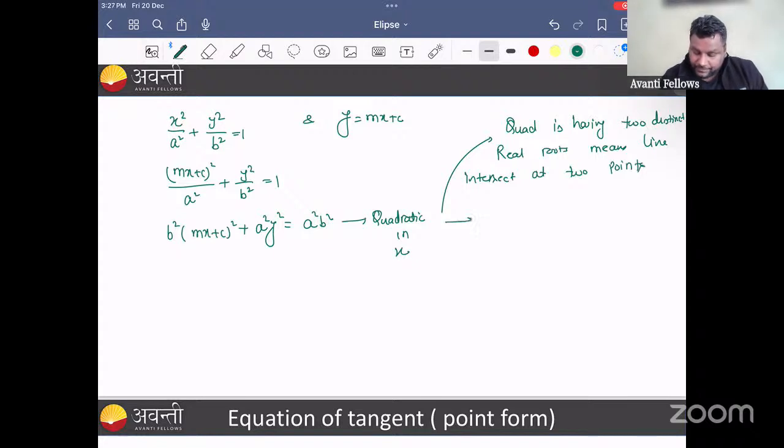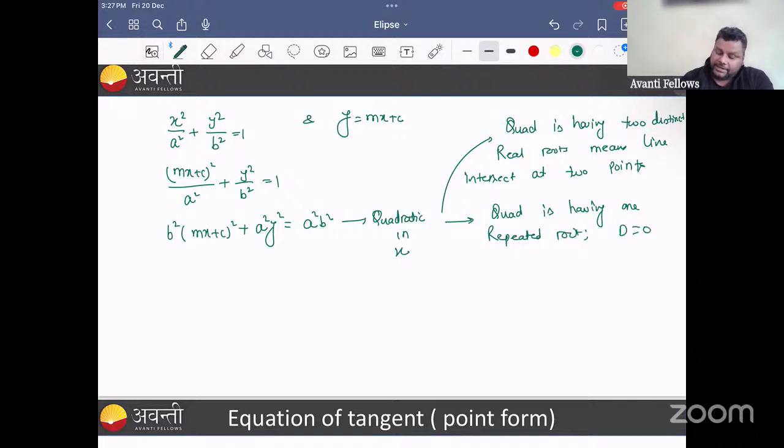If this quadratic has one repeated root, meaning D equals 0, the line is touching the ellipse.